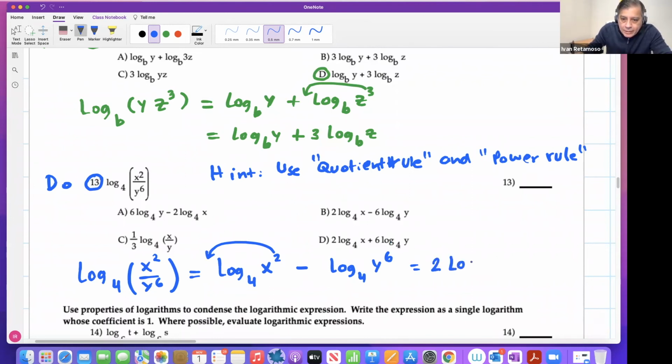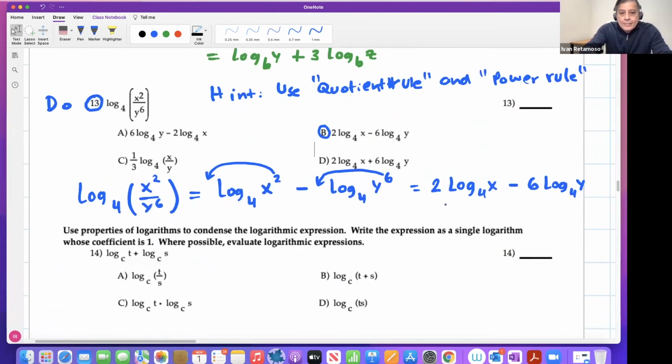This will be 2 times log base 4 of x minus 6 times log base 4 of y. And that's it, because I don't know the value of y or x, this is as far as I can go. Great. So this one is right.